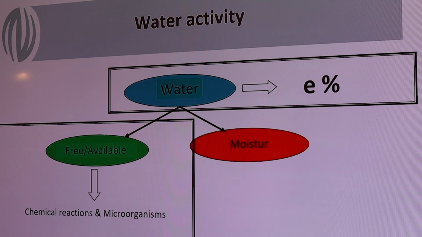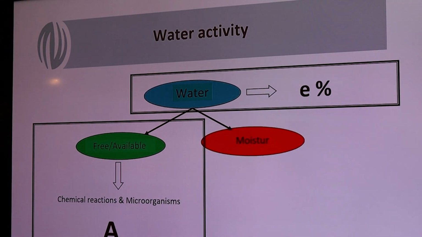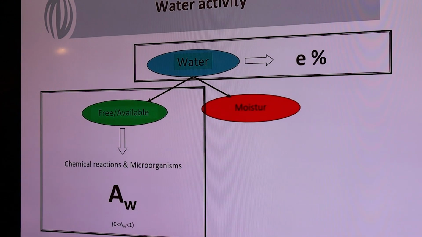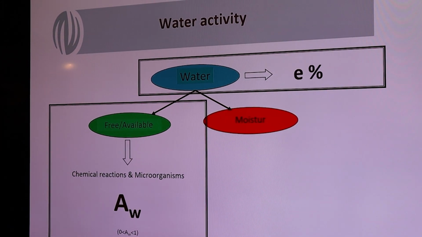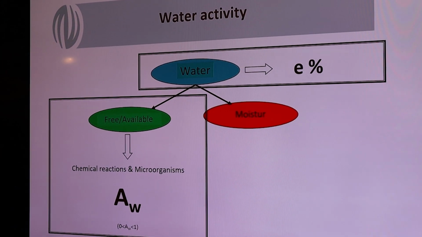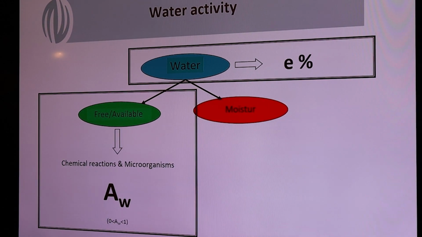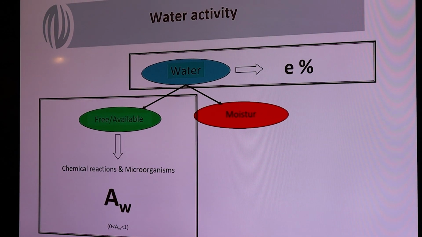The water activity is to find the right balance between the bounded water and the free water. The bounded water is what is bounded by having the right ingredients, and the free water is what is left in your recipe.